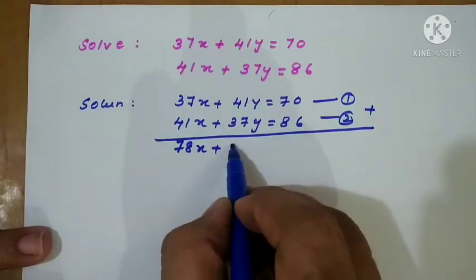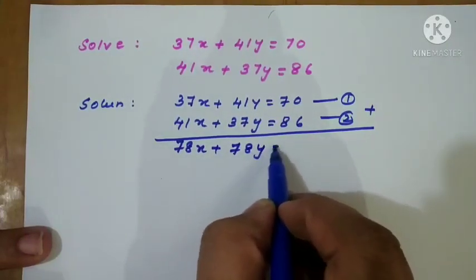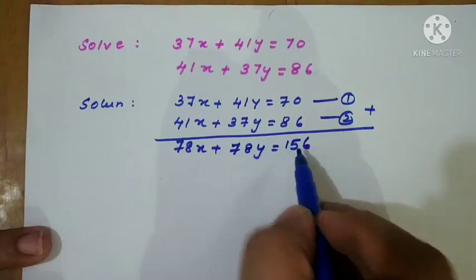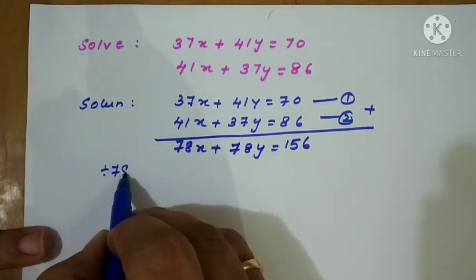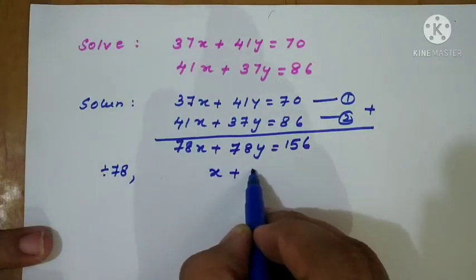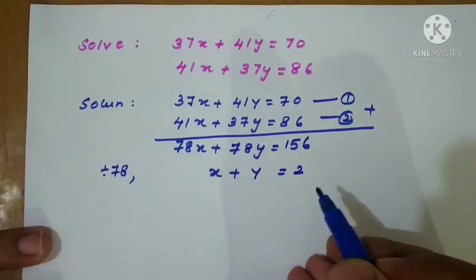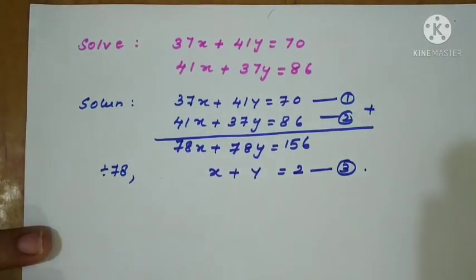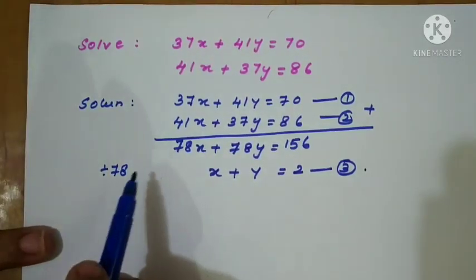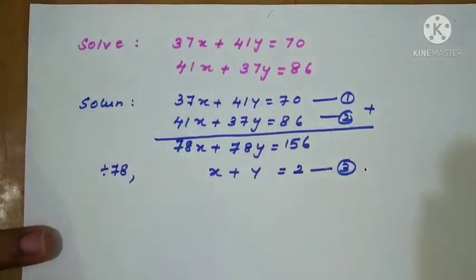Similarly, same coefficients here, 78y, it is equal to 156. So 78 is common here. So divide with 78, we get x plus y equal to 2. That is our third equation. What we have done, if the coefficients are interchanged, the first step is that we are adding the equations.